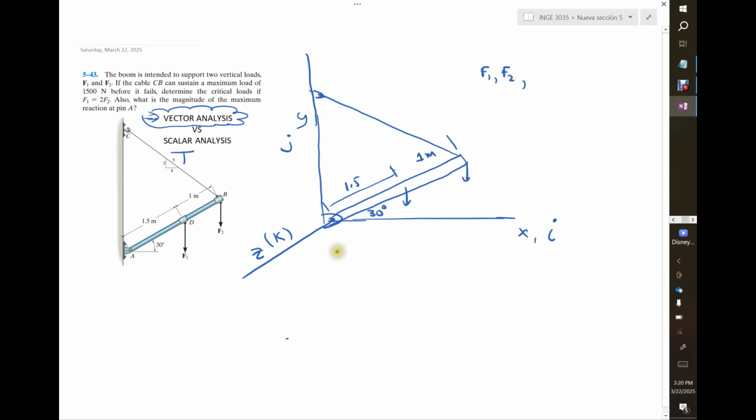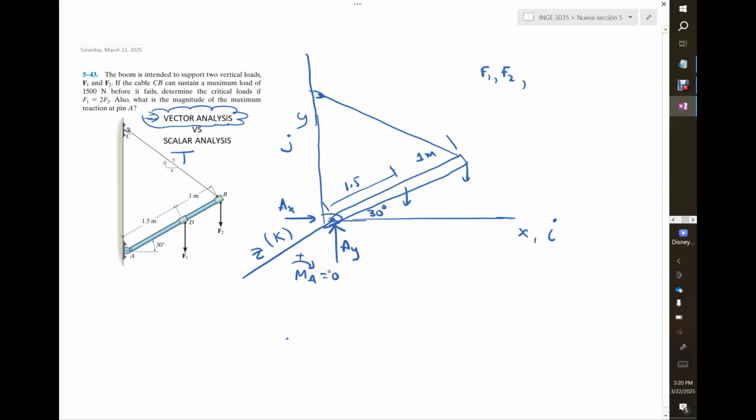This is a pin, and a pin only has these two forces, and that pin is called A, so this is going to be called AX, and this is going to be called AY. As shown in the free body diagram, we only have to care about these forces. There's no moment here. A pin cannot sustain moment, so the moment at point A, which I always assume positive in this direction, equals 0.